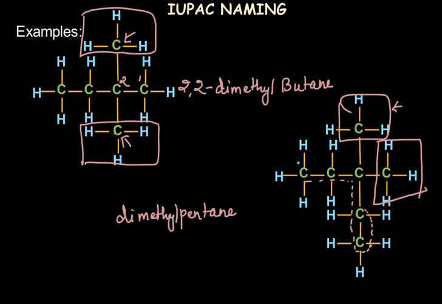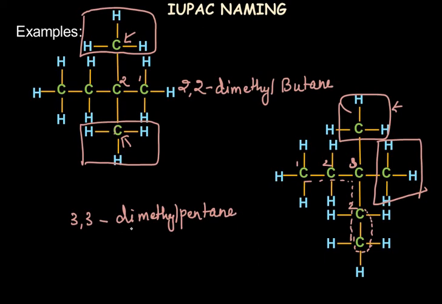So if we number from one end, it's 1, 2, and the third carbon atom carries this methyl group. If we number it from the other side, 1, 2 and 3, then we have both the substituent groups on the same carbon atom, the third carbon atom. So again we'll number it twice as 3,3-dimethyl pentane.